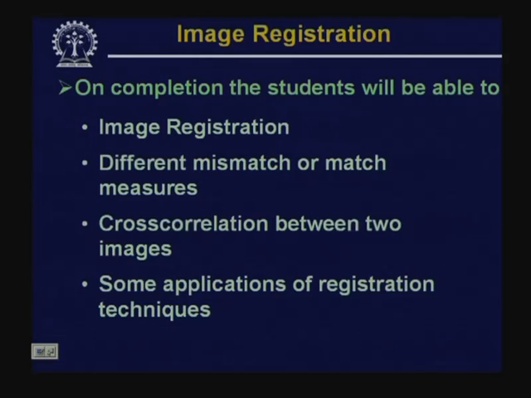We will see what the cross correlation between two images is, and we will also see whether this cross correlation can be used as a similarity measure when we go for image registration. And then we will talk about some applications of these image registration techniques with examples.